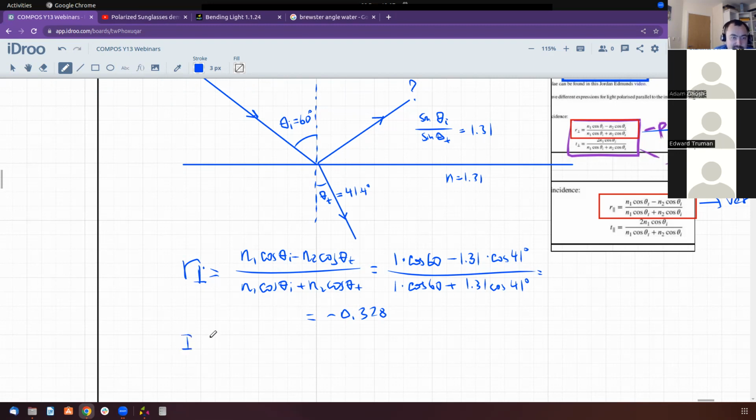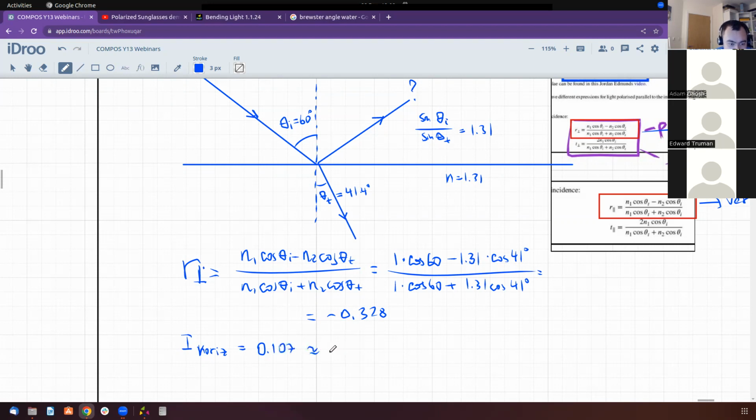So the intensity of reflected light, the intensity of horizontally polarized light, is 0.107.